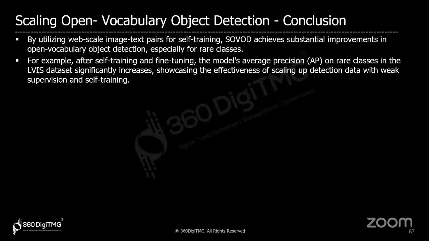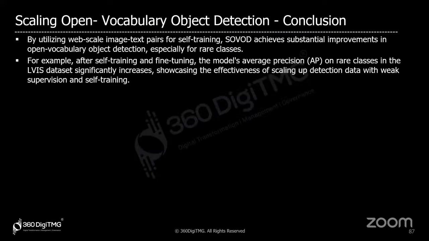For example, we can use self-training and fine-tuning of the models, measuring average precision, mean average precision, or any metric we want, on rare classes, whatever class is not present. Using the LVIS dataset, it significantly increases performance, showcasing the effectiveness of scaling up the detection task with weak supervision and self-training.